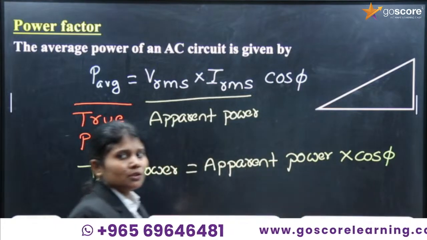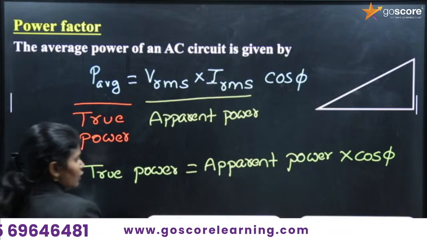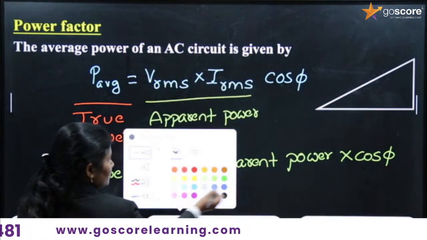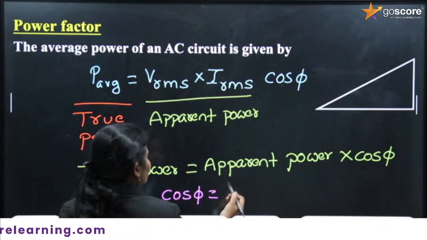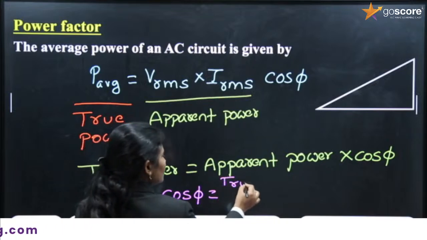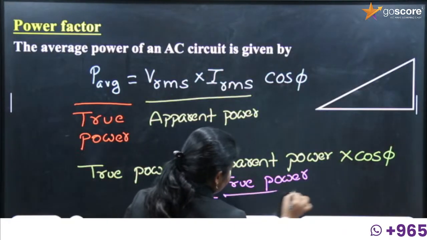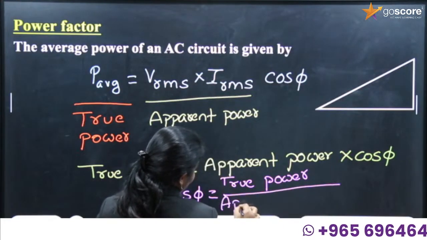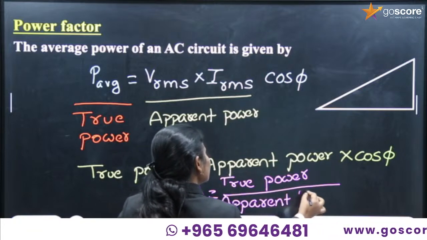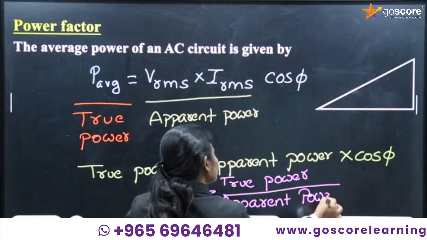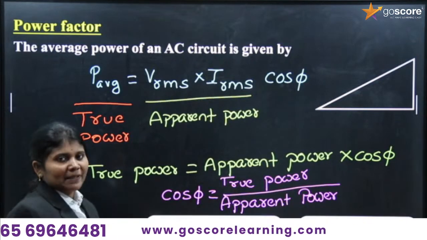Then cos phi is equal to true power by apparent power.